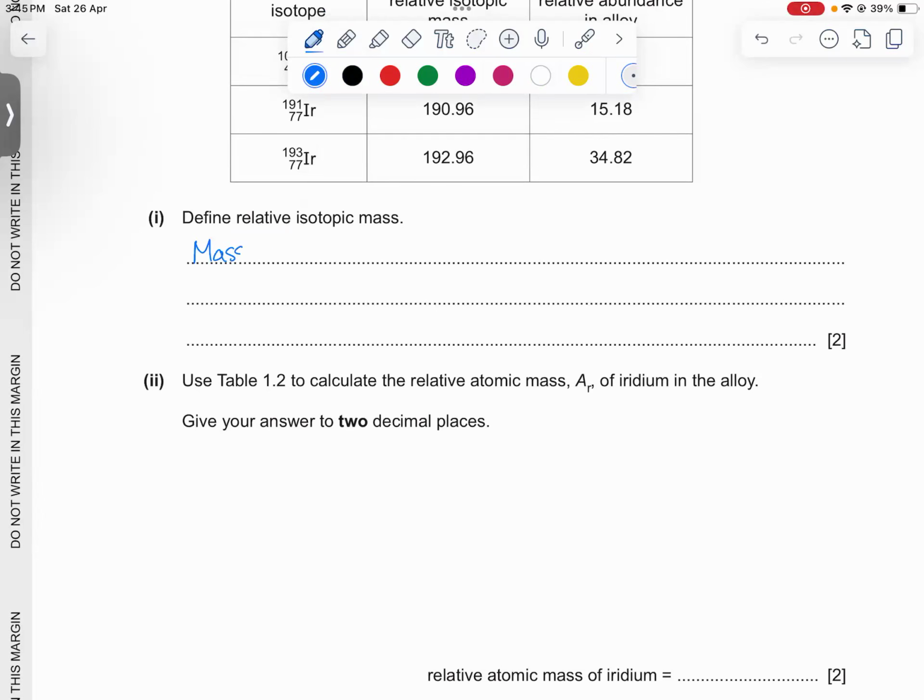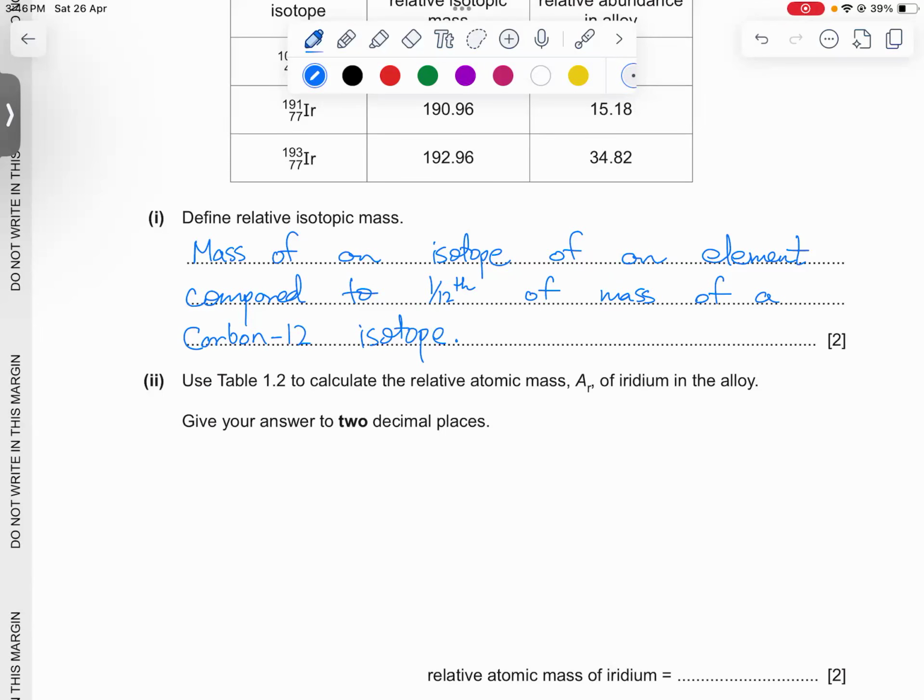So mass of an isotope of an element, we want to use the word compared to the mass, compared to 1/12 of the mass of a carbon 12 isotope. It's a better sentence structure. All right, so this is how you do it.